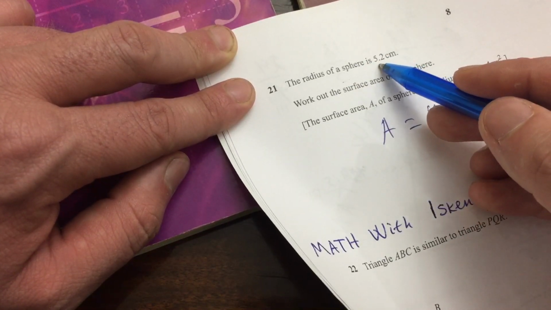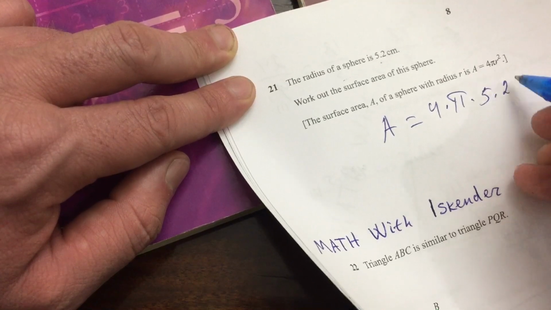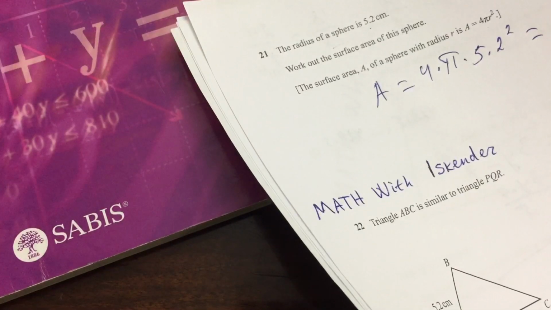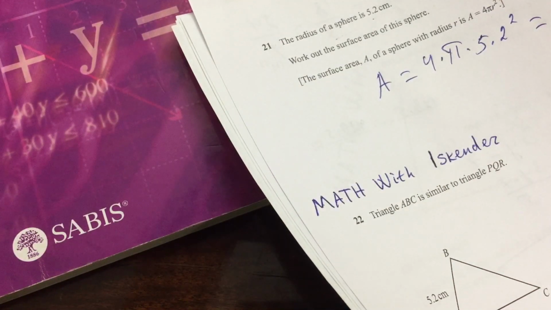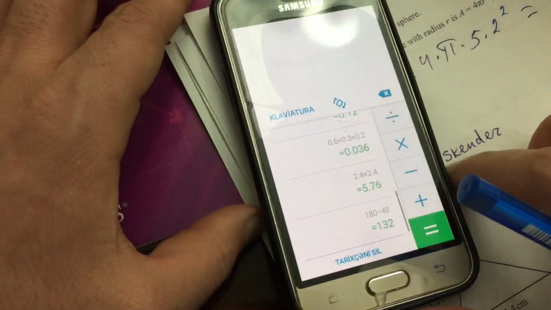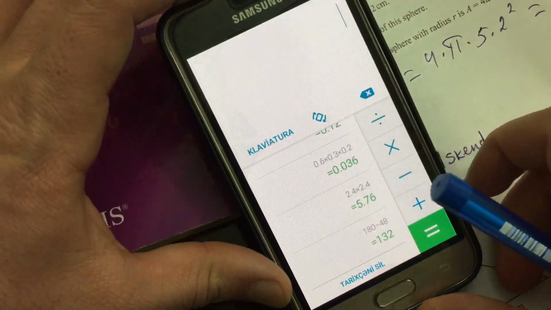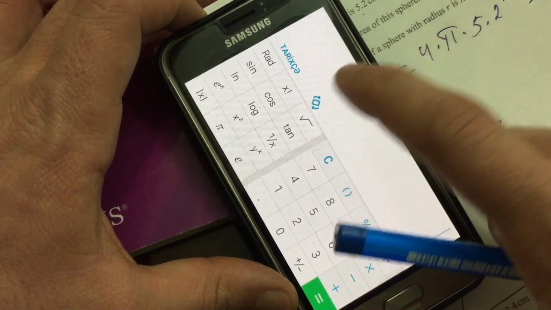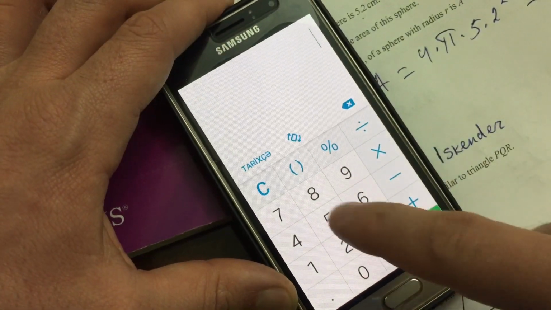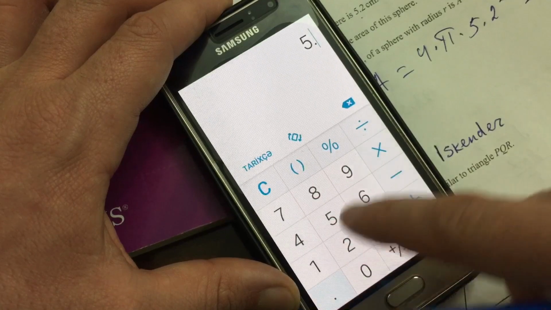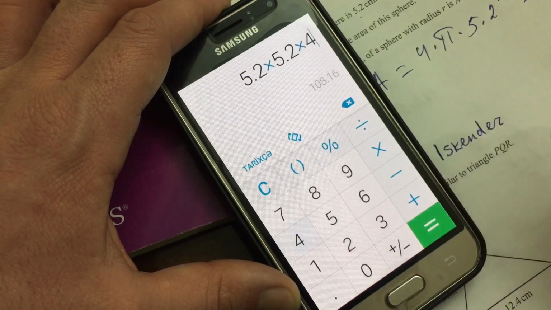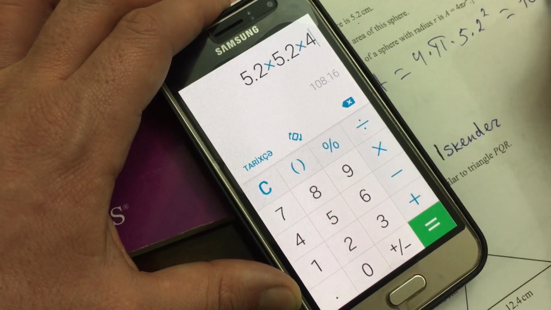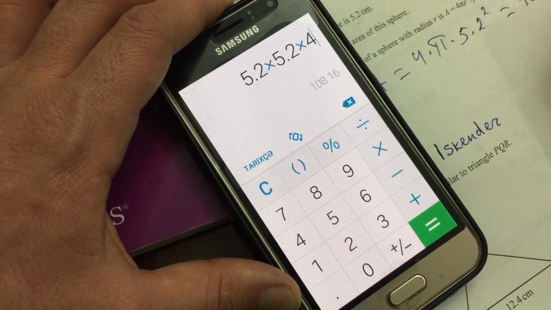Radius equals 5.2. 5.2 squared multiplied by 4 equals 108.16 pi.